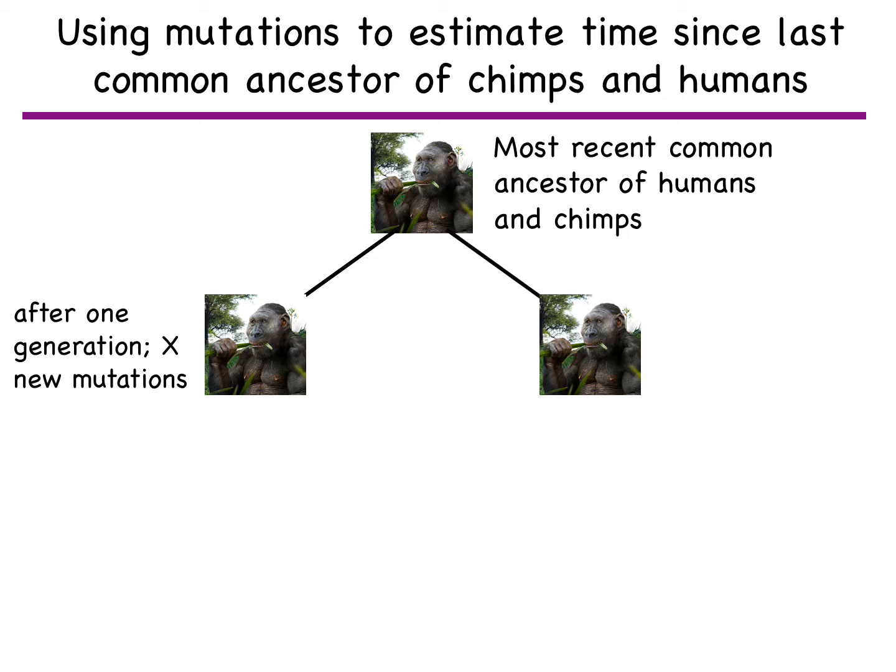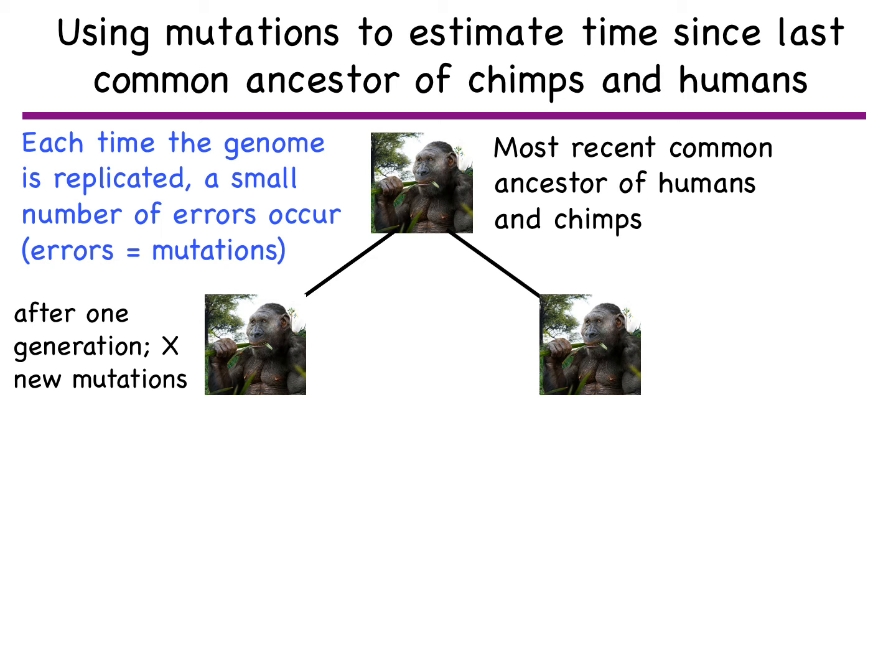the offspring are going to actually acquire a new set of mutations, because basically every single time the genome is replicated, a small number of errors occurs. Now, the machinery for replicating the genome, either during mitosis or meiosis, is very, very precise. It rarely makes mistakes, but the human genome is really huge. It's 3 billion base pairs in length.